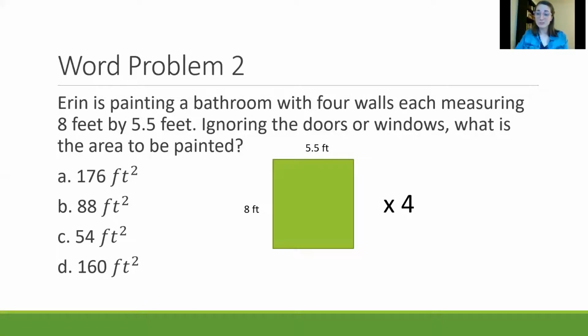But then we need to multiply again times 4. And when we put all of that together, we get 176 feet squared. Area will always be measured in feet squared, or whatever the unit is squared, with the 2 above it as an exponent. So remember, if you're writing the answer for area, to include that piece.